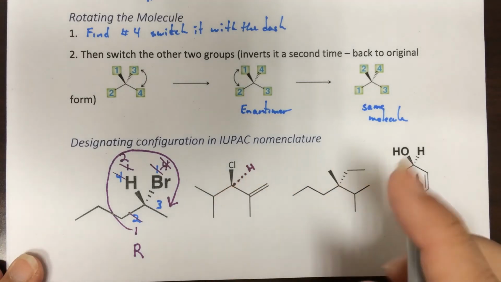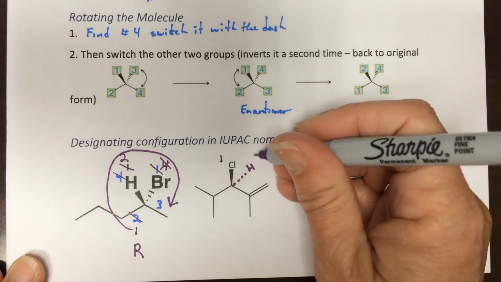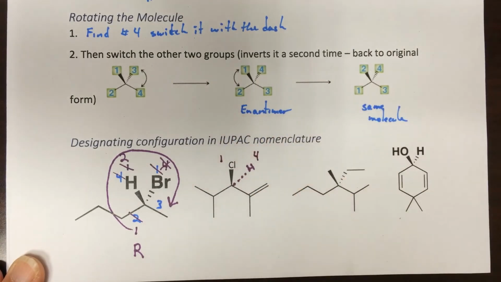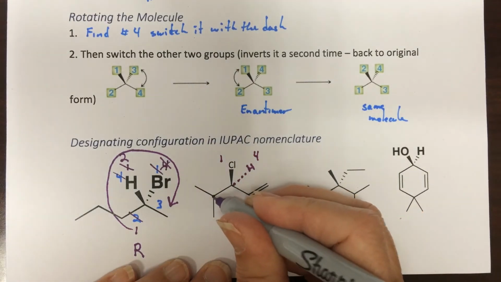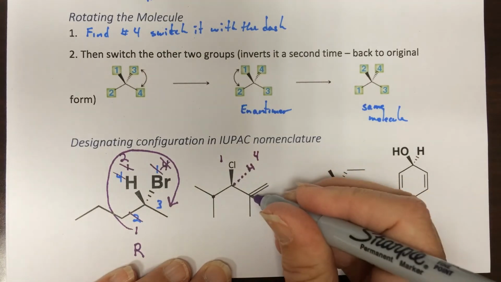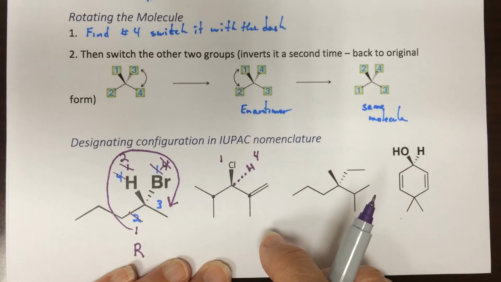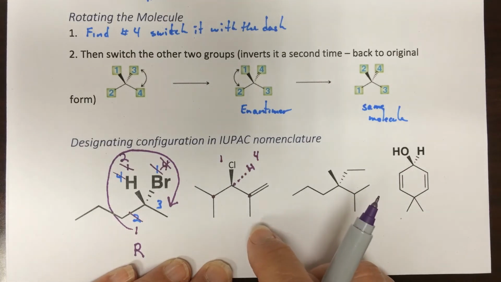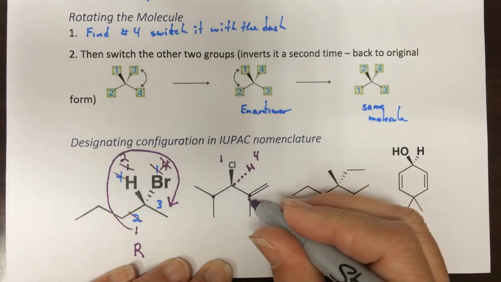We know the chlorine is going to be number 1, and the hydrogen is going to be number 4. Let's look at our carbons and see if we can figure out them. Here we've got a carbon, and here we have a carbon. So which carbon is the more important one? It's going to be this one.